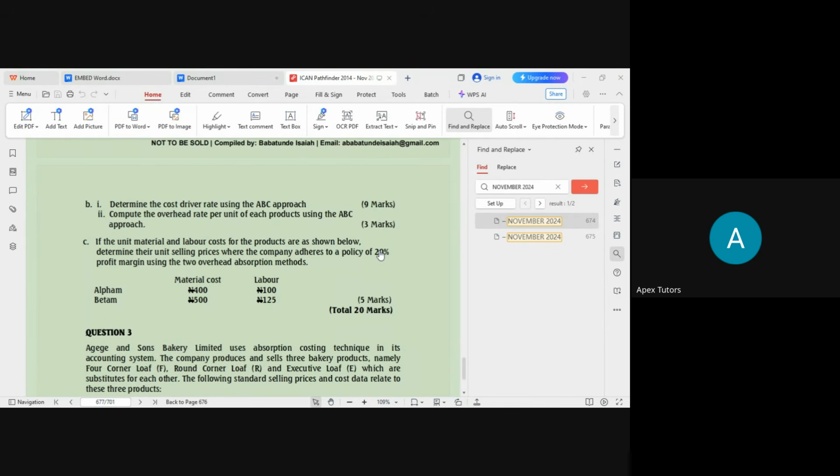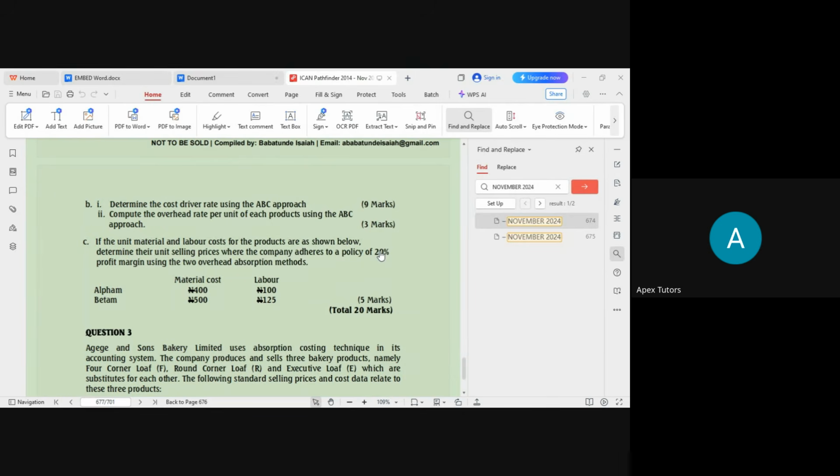With a 20% profit margin, when you want to convert to markup, what will you do, ma? When you convert it to markup, it's going to be 20 over 100 minus 20, so it will be 1 over 4 multiplied by the total cost to get our profit.